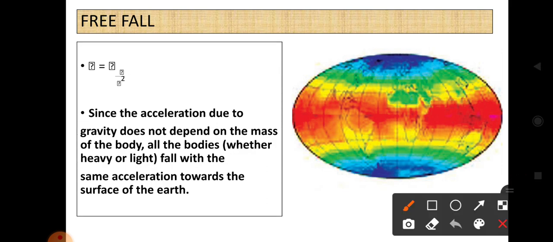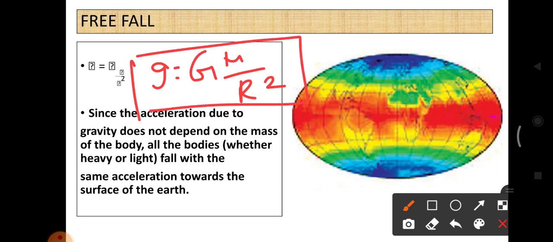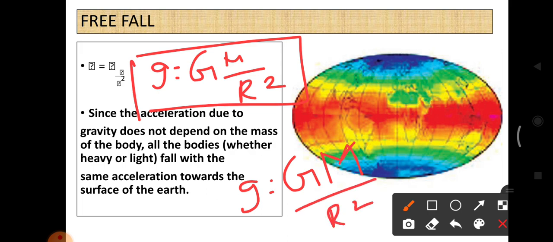And this is the formula here, g equals capital G M by r squared. Since the acceleration due to gravity does not depend on the mass of the body, all bodies fall with the same acceleration towards the surface of the earth. And this is a very important point. Please listen very carefully. g equals capital G M by r squared. In the force formula, we have capital G M into m by r squared.